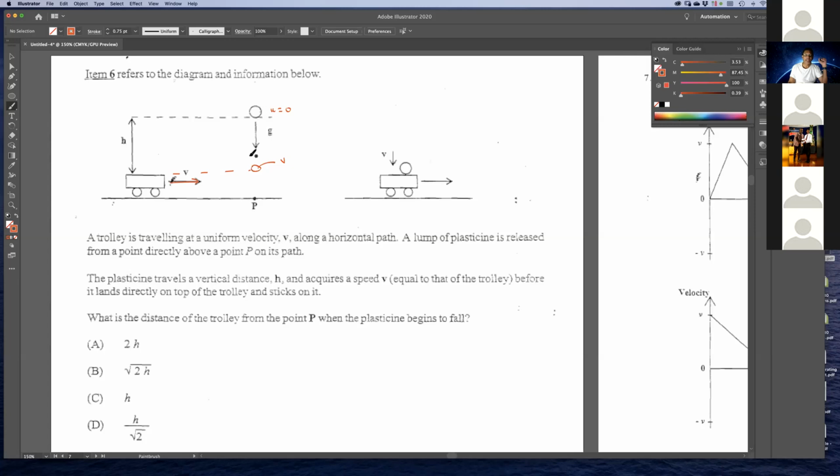Now, the same time it takes for this plasticine to fall, this plasticine falls through a height of h. That's the height it falls. This trolley, on the other hand, is moving from some point here to here.